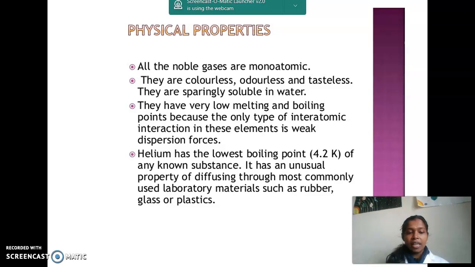The physical properties of these elements are that they are monoatomic, colorless, odorless, tasteless and sparingly soluble in water. They have low melting and boiling points, and they have weak dispersion forces. Helium has a very low boiling point of around 4.2 Kelvin, and it can diffuse through most commonly used laboratory materials such as rubber, glass or plastic.